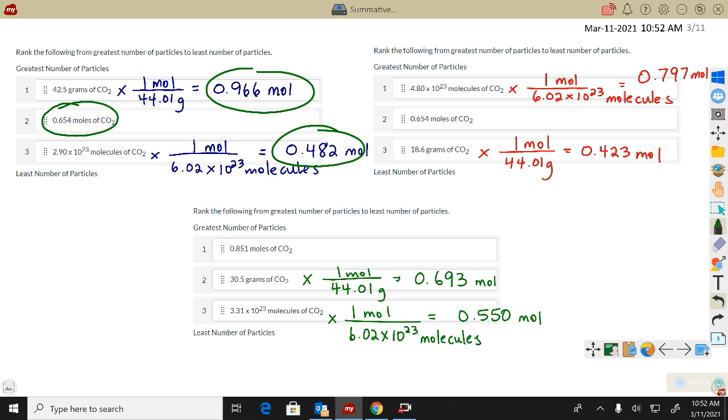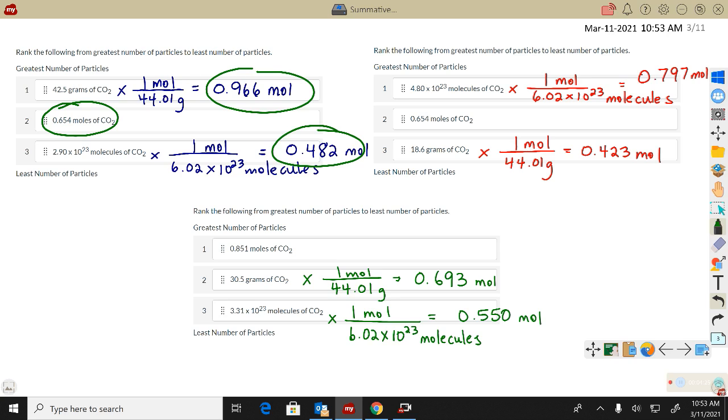Now the key was that you probably either wanted to switch them all to moles or all to particles like molecules, but then you would have been dealing a lot with that 6.02 times 10 to the 23rd, and it's just clunky. So I went with moles. In the red example, I took my 4.8 times 10 to the 23rd molecules, canceled molecules, and switched to moles.